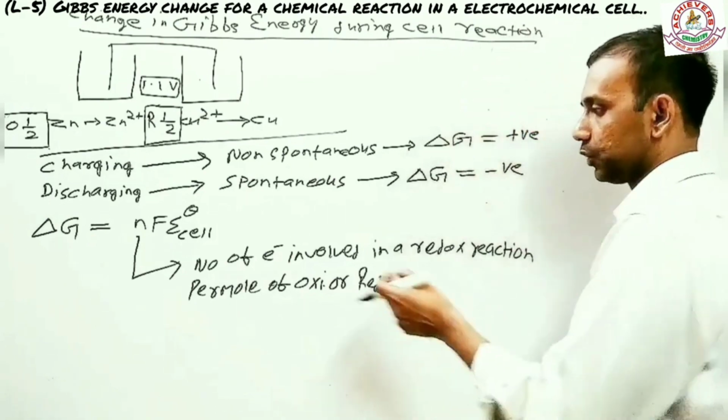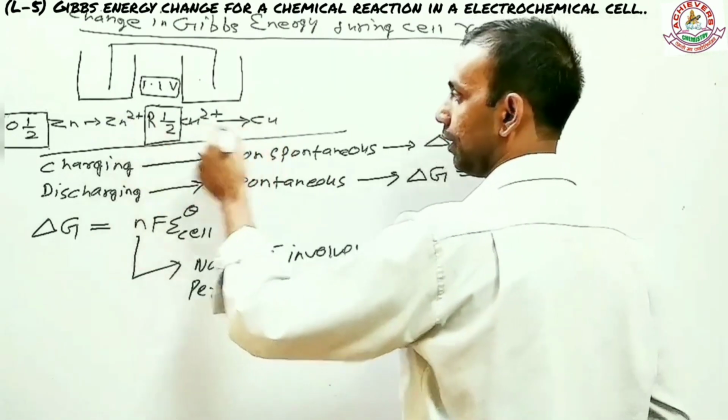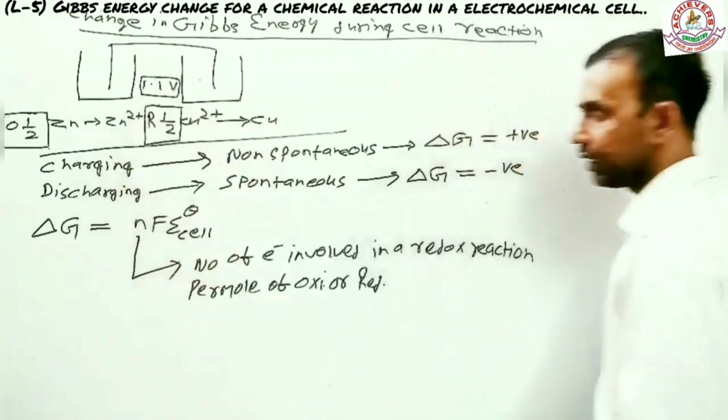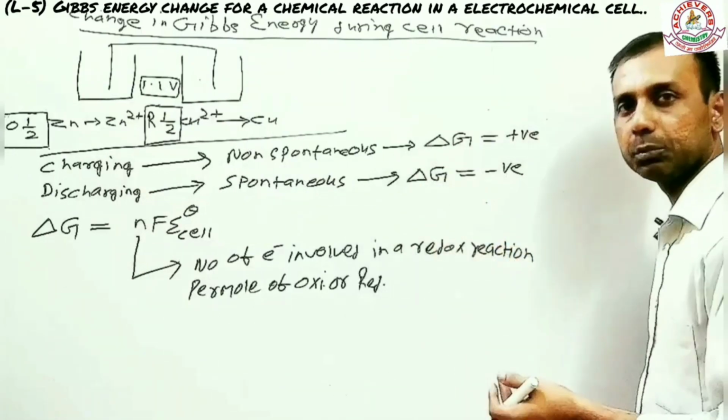So what is n here? It's 2. If you remember, 2 electrons were involved in the case of zinc and copper. So for that case, n is going to be 2.